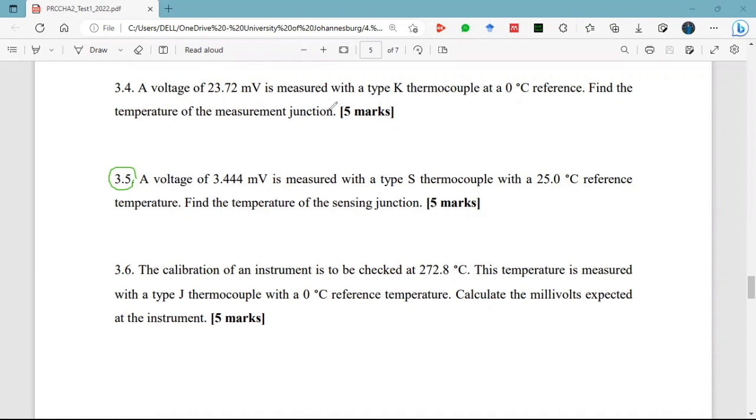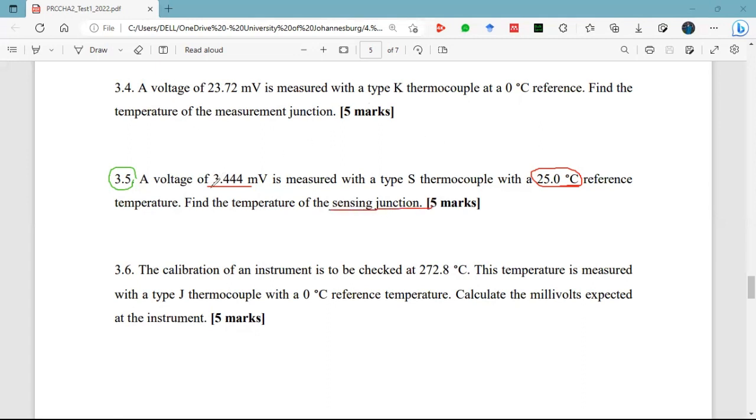Okay, so how do you now go and do this? You measure this with the reference temperature of 25, right? So this is what you measured when your reference temperature was 25, right? So find the temperature at the sensing junction.